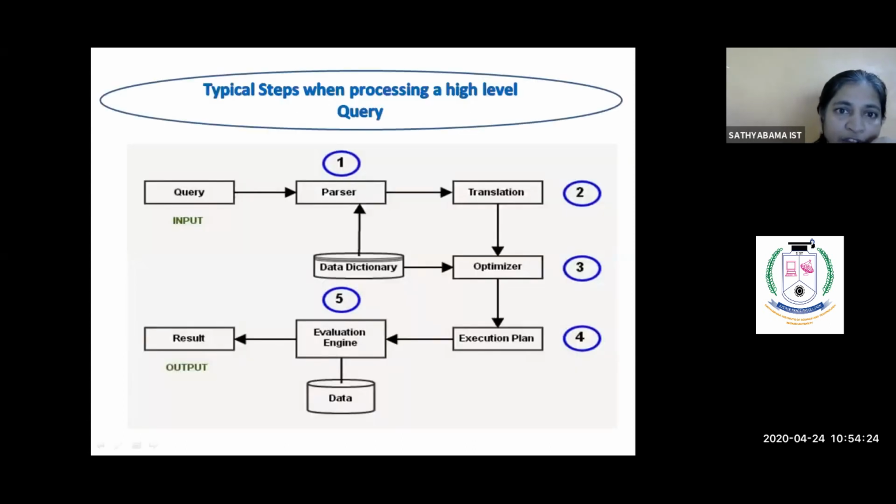In the next slide, we are going to see the steps involved when processing this high-level query. Normally, a query can be written in a high-level language, for example SQL, structured query language. This query will not be processed as it is. This high-level query should be translated into a relational algebra expression.